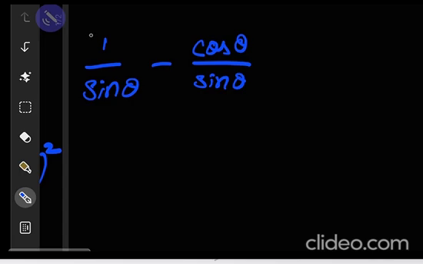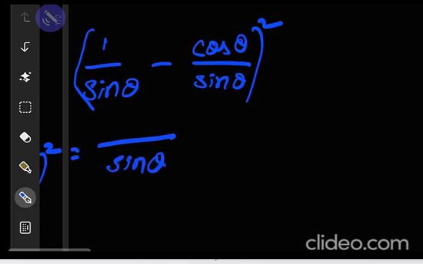The square is as it is. Now, the LCM of these two is sine theta only. So (1 minus cos theta) whole square, and this one is also whole square, so sine square theta.